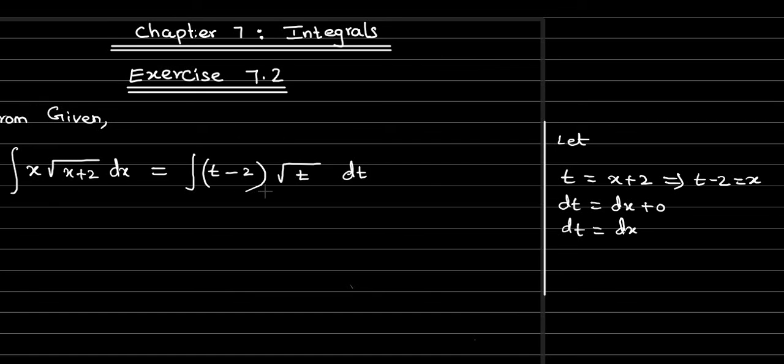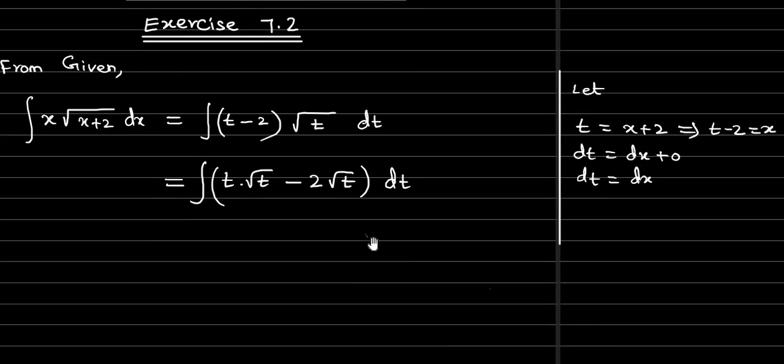It is an equal term only. Now this root t we can multiply with these two terms, taking it inside. So what happens then? t into root t minus 2 root t, dt.